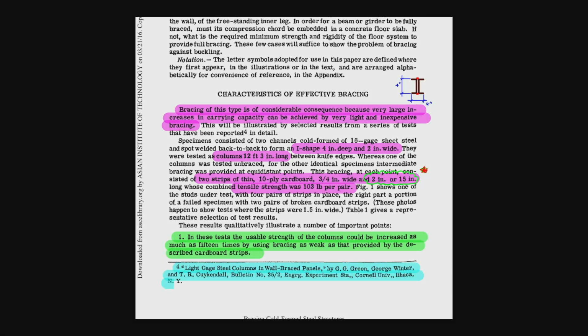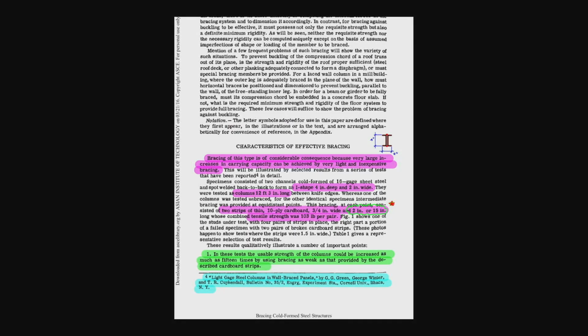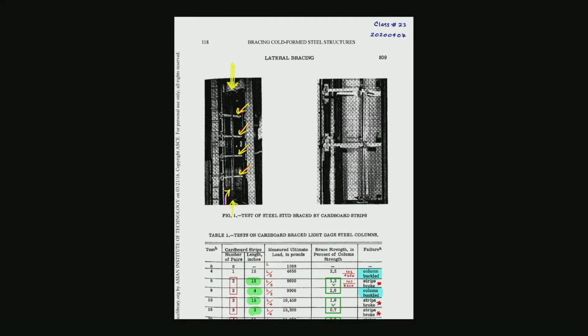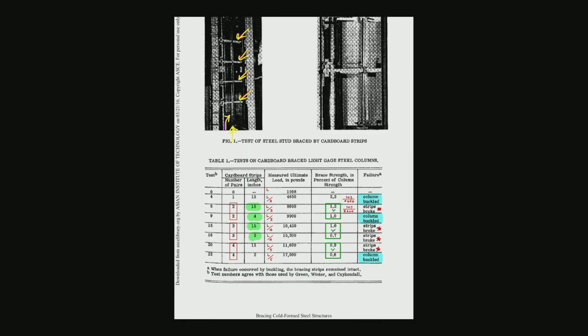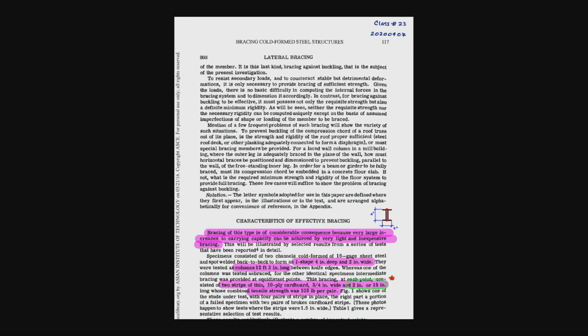So this one here is actually just the report, but it talks mainly about the experiments which were done, and they are documented in the paper here. Okay, Green Winter and that guy.